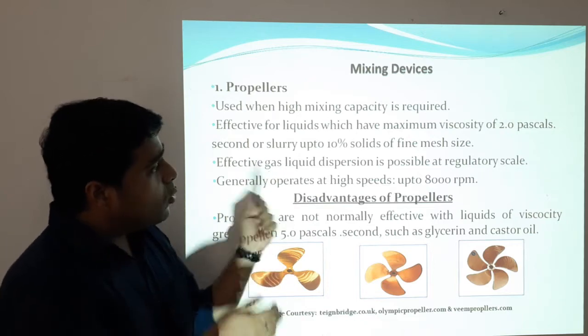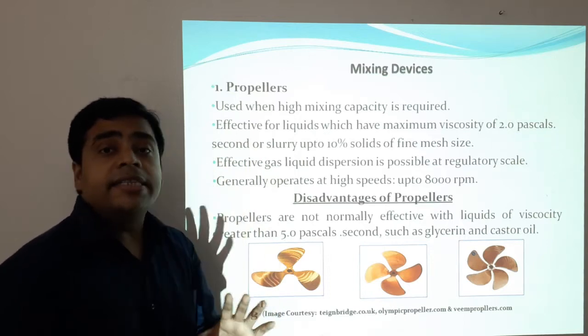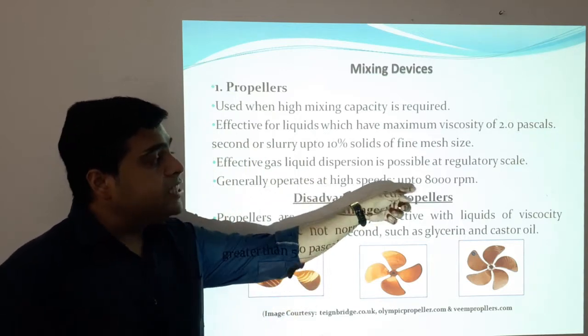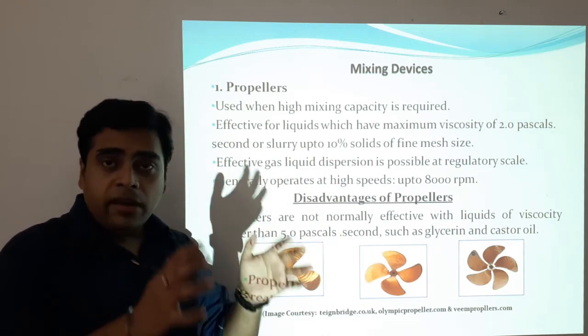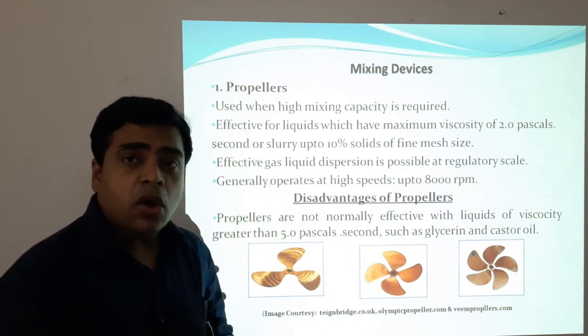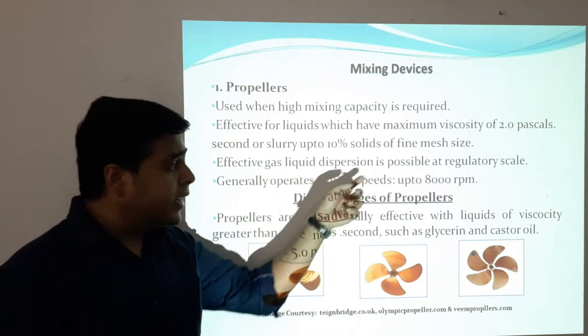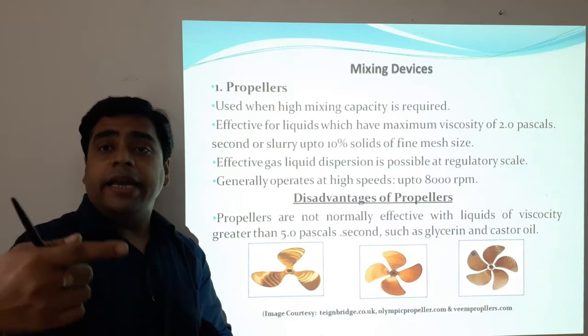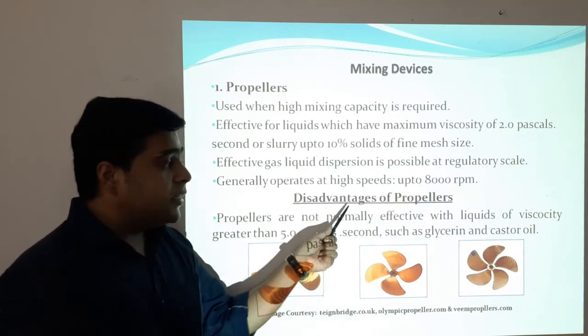It is also quite effective for liquid-gas dispersion at regulatory scale, and it operates at high speeds up to 8,000 rpm. So when we are working with a good amount of solid with this particular viscosity, then we can use these propellers and obtain high speed up to 8,000 rpm. But what are the disadvantages?